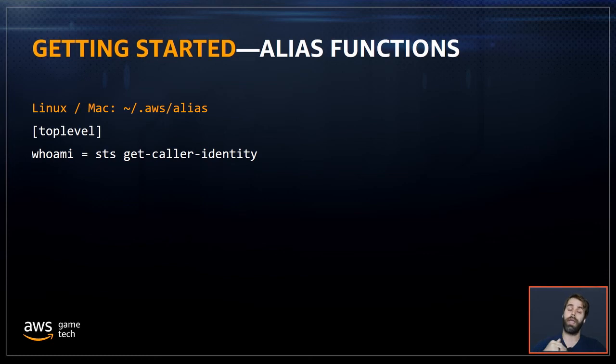I could also create functions underneath this to string together multiple things, using bash inputs and outputs to create a custom call for a particular thing that I wanted to utilize.